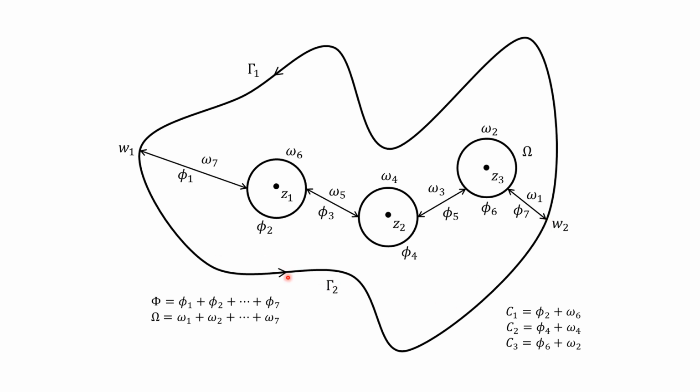And then we want to replace gamma sub 1 and gamma sub 2 by these internal contours, I call them internal contours, that are going just around the 3 singularities. So let's look at gamma sub 1 first.